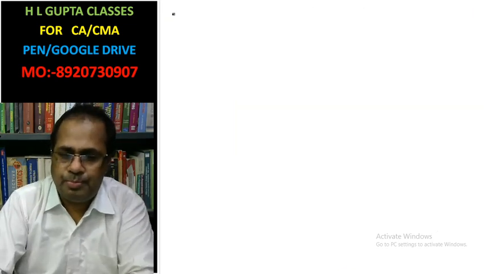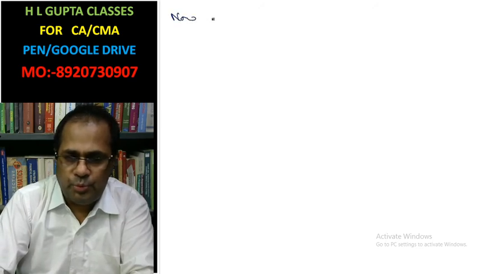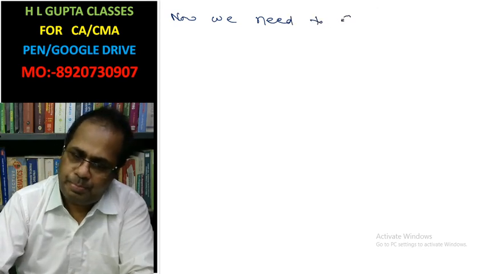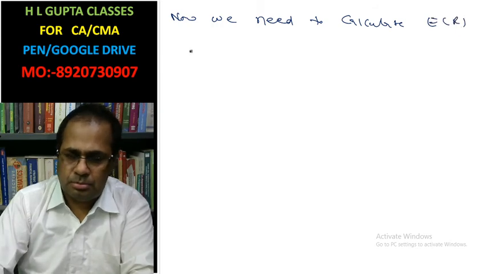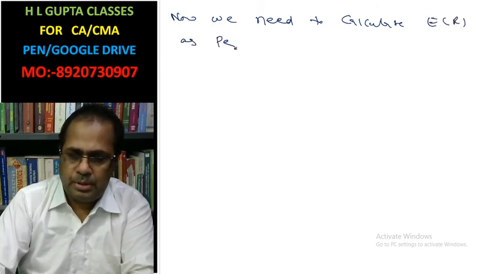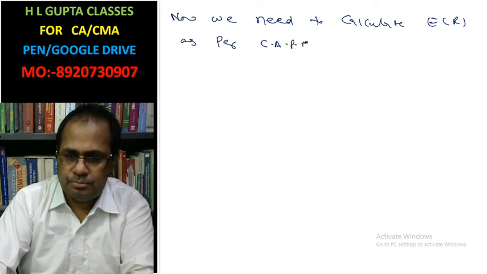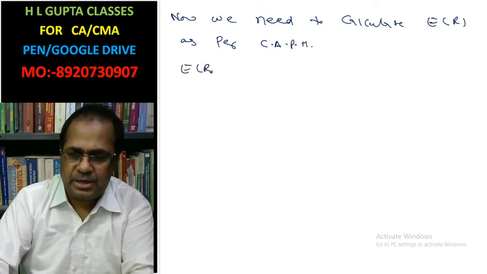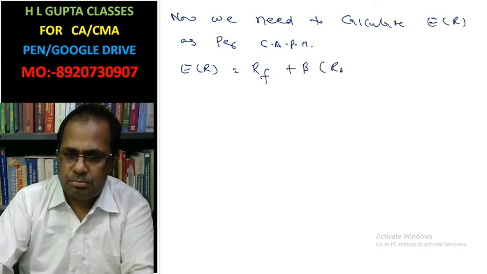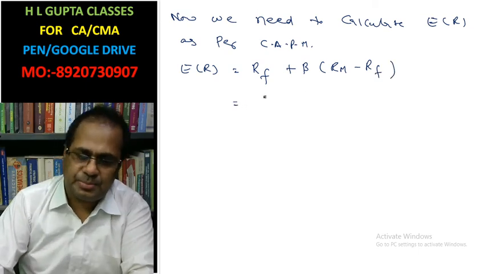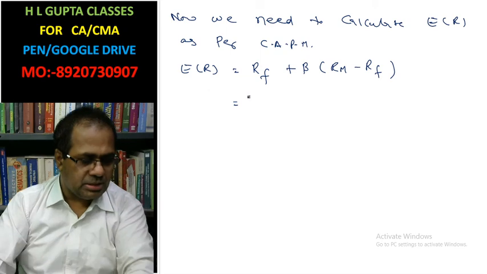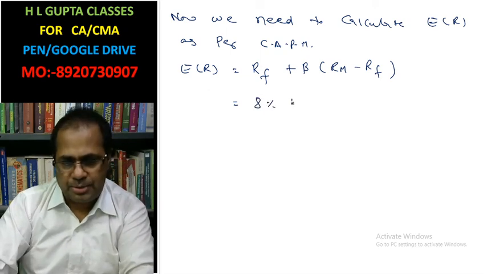Now we need to calculate the expected return as per CAPM. Expected return is the risk-free rate of return plus beta times (RM minus RF). The risk-free rate of return is given already in the question as 8%.